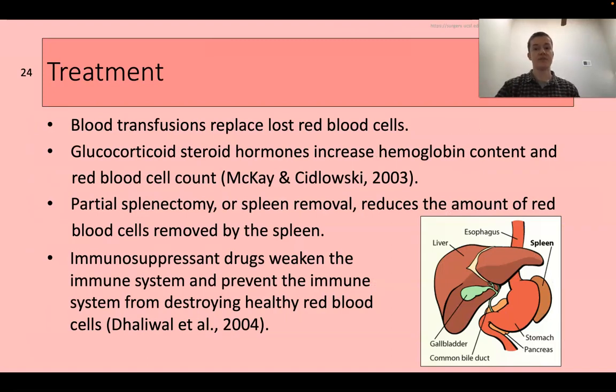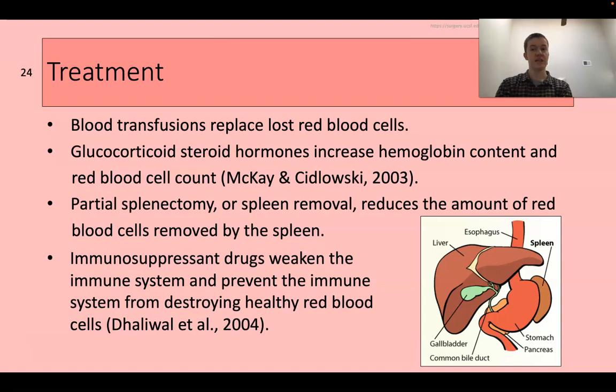So, for treatments, thankfully they do exist to help fight the disease. Blood transfusions are common to replace red blood cells lost through hemolysis. Glucocorticoid steroid hormones are prescribed to increase hemoglobin content and the number of red blood cells in the blood. In more severe cases, a partial splenectomy, or removal of the spleen, can help to reduce the amount of red blood cells that are removed by the spleen.